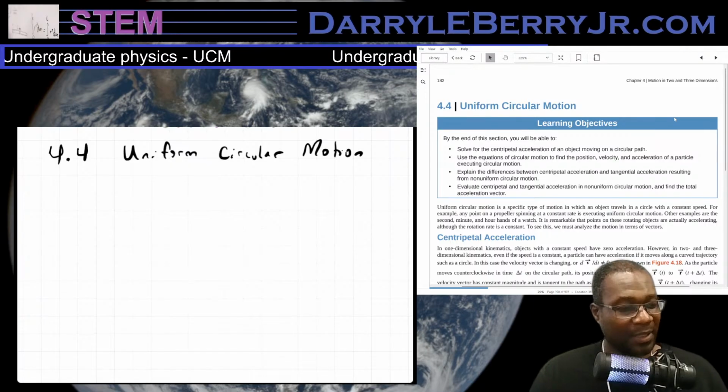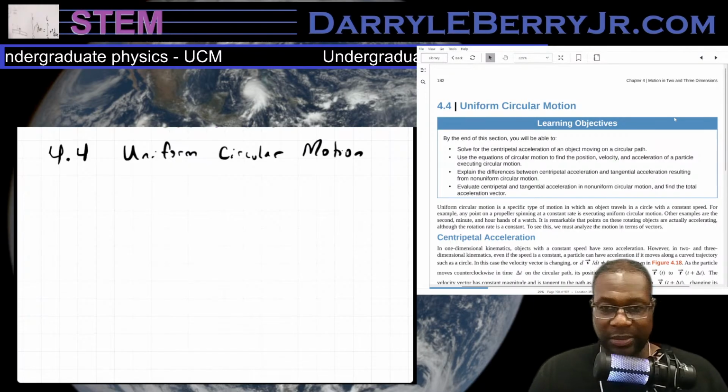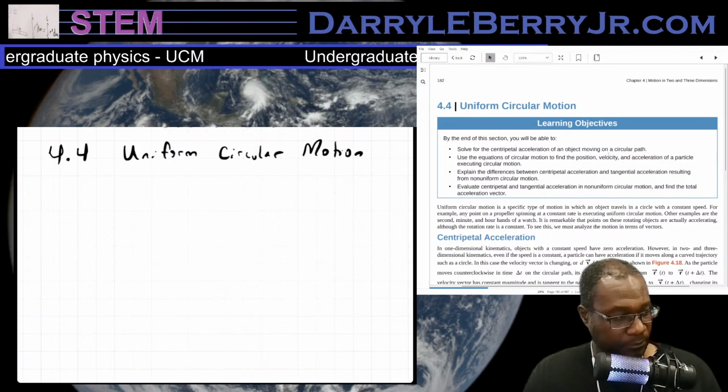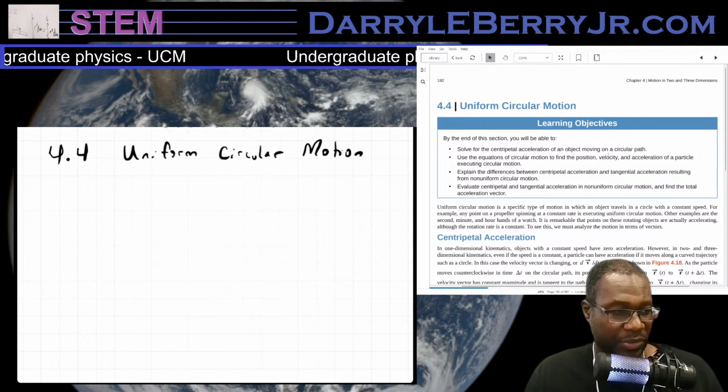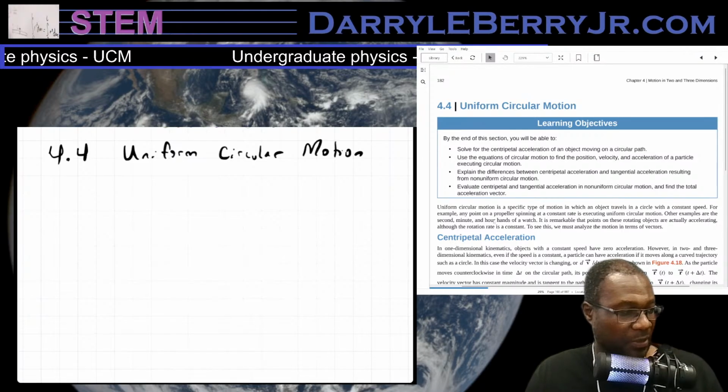It behaves in that way, and you can calculate a lot of things about it from that perspective. You'll also explain the differences between centripetal acceleration and tangential acceleration resulting from non-uniform circular motion, and evaluate centripetal and tangential acceleration in non-uniform circular motion and find the total acceleration vector.